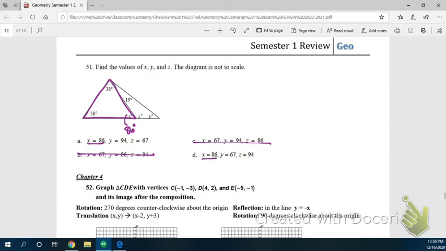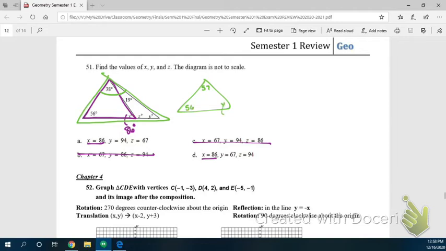When I then go to find my y, I found y by looking at the big triangle. I know the angles of the big triangle. This entire angle up here is 38 and 19 put together. So 38 plus 19 is 57. So if I just look at that big triangle, I have 57. I have 56 down here. And then we have y.